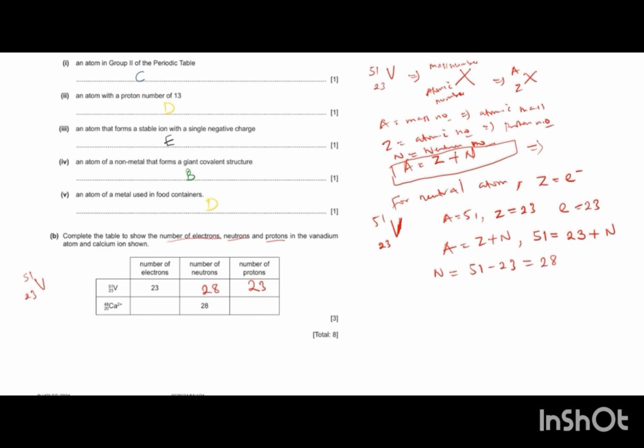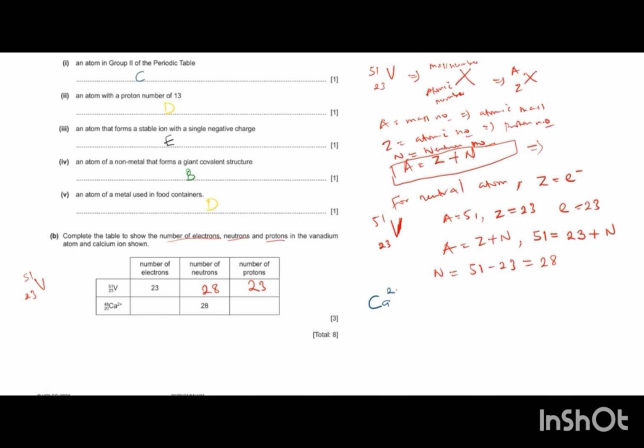Now the number 2 is calcium. Let me change the color. You can see this one is a little bit different, because calcium is a charged atom, unlike the neutral atom, which has a charge taken as 0.